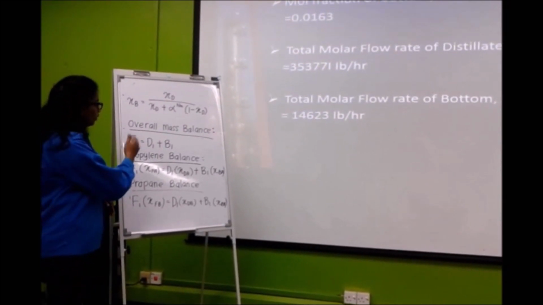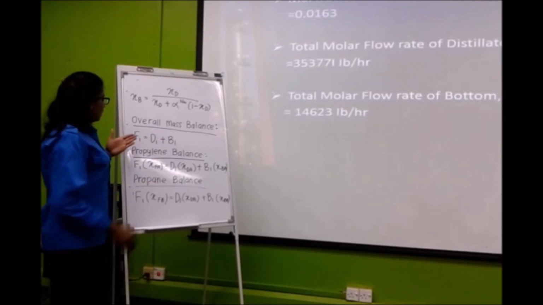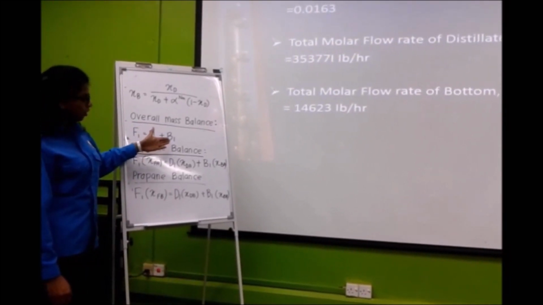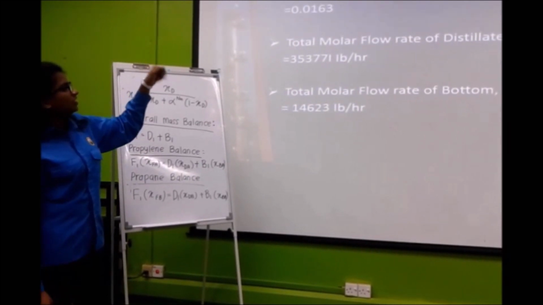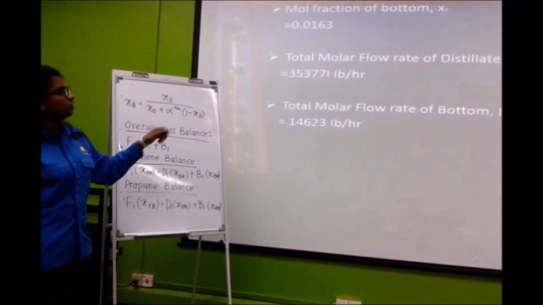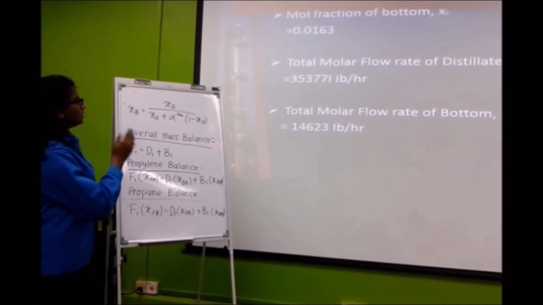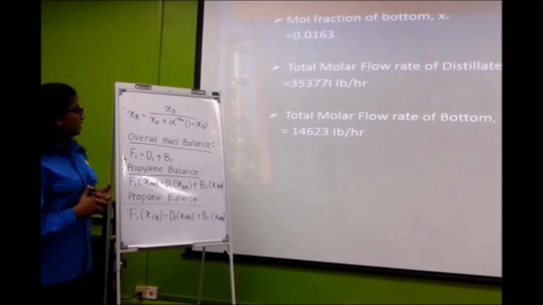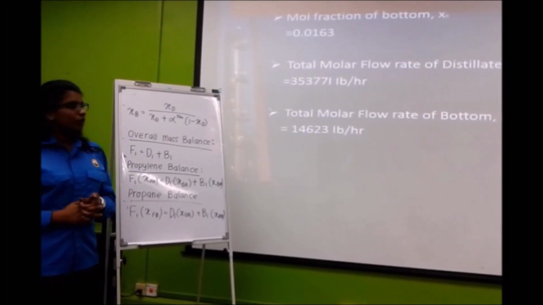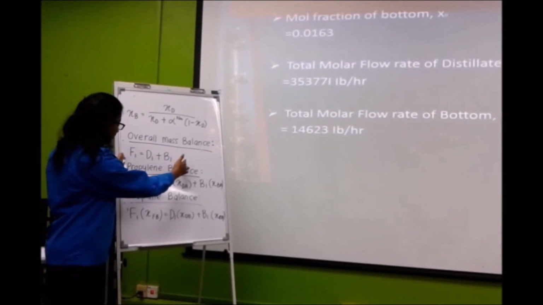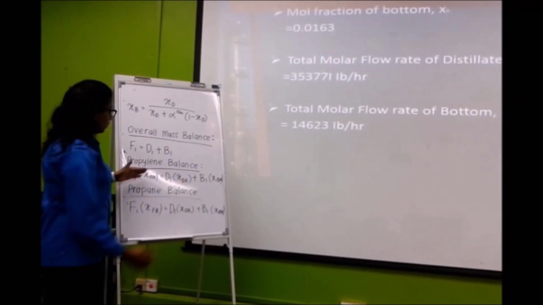As the overall mass balance, feedstock is given, distillate we have to find, and bottom also we have to find. The mole fraction of bottom Xb, we found out that it is 0.0163. The total molar flow rate of distillate D is 353,771 lb/mol per hour. The distillate we can obtain from this equation as well as this equation, the propylene balance.